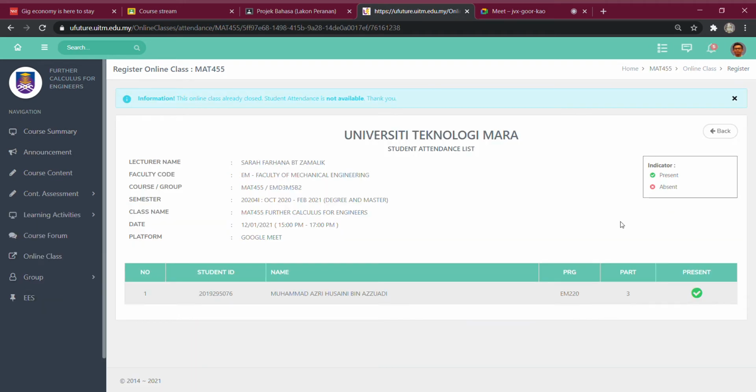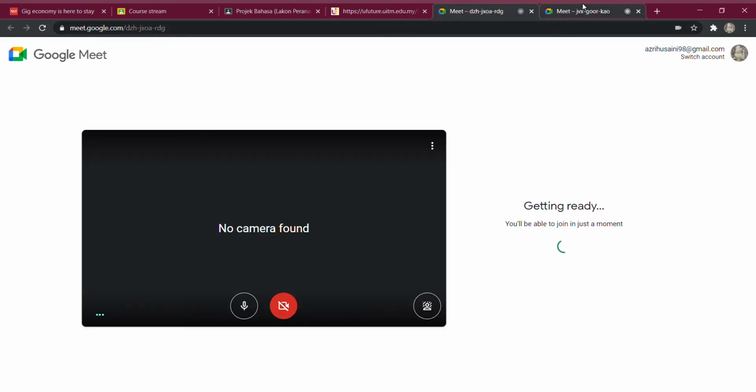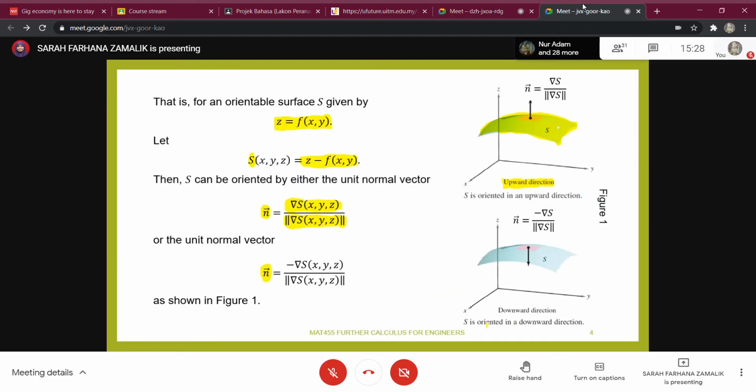So yes, if it is upward direction, the gradient S divided by your magnitude gradient S in terms of X, Y, Z. If your unit normal vector has a downward direction here, your S is oriented downward direction, then yes, kita letak negatif je dekat dia punya gradient. Okay, so that's how you find your unit normal, and depends on your S, whether it is oriented upward or downward. Okay.